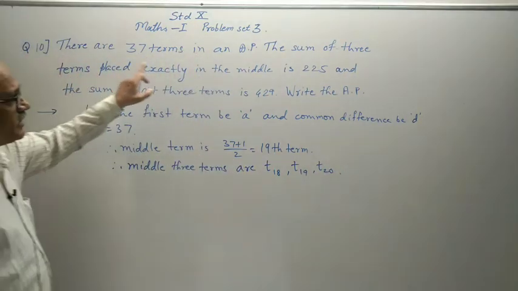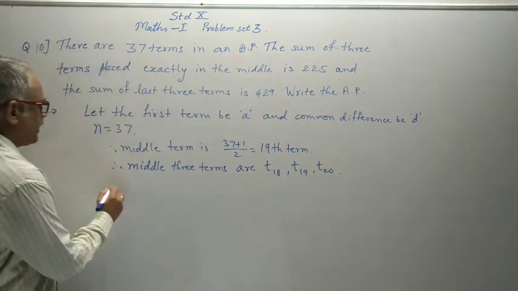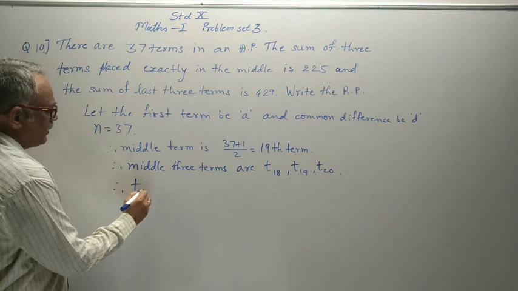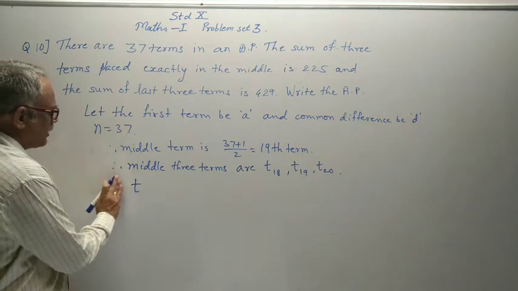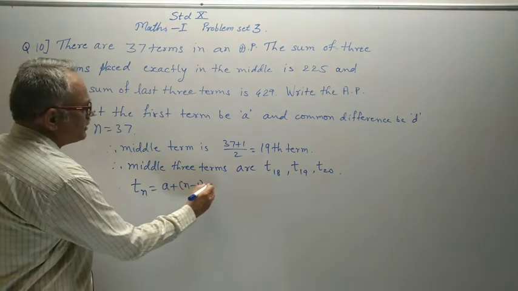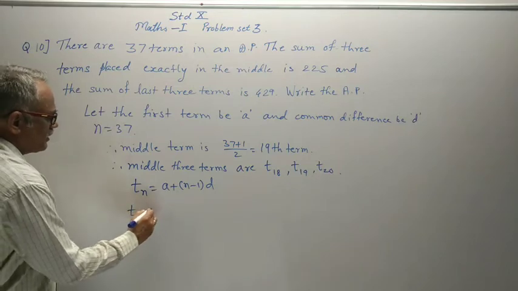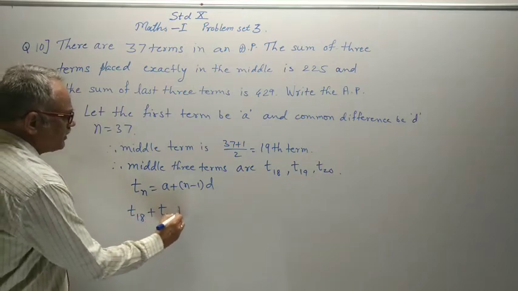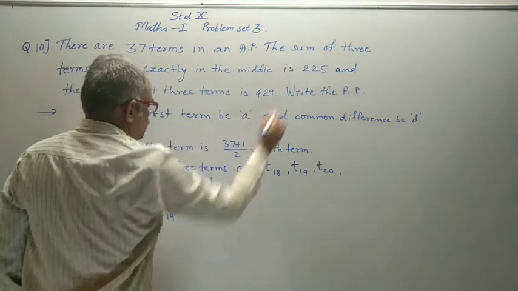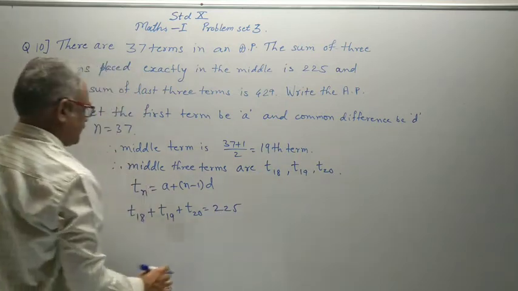Then by the condition, the addition of T18, T19 and T20 is 225. First we write the Tn formula and then we write the condition. Tn is A plus n minus 1 into D. T18 plus T19 plus T20 equal to 225, the sum of the three middle terms.